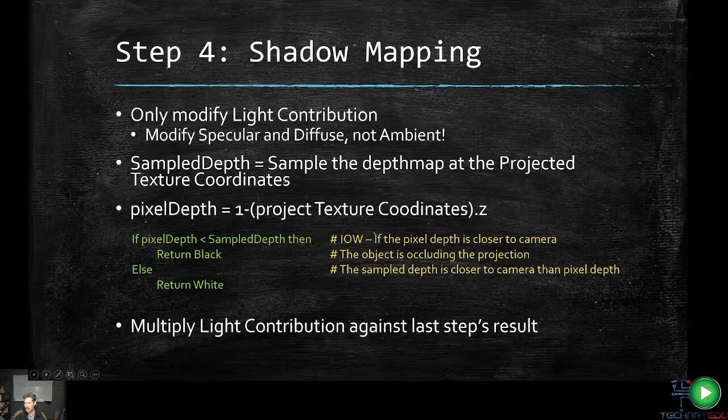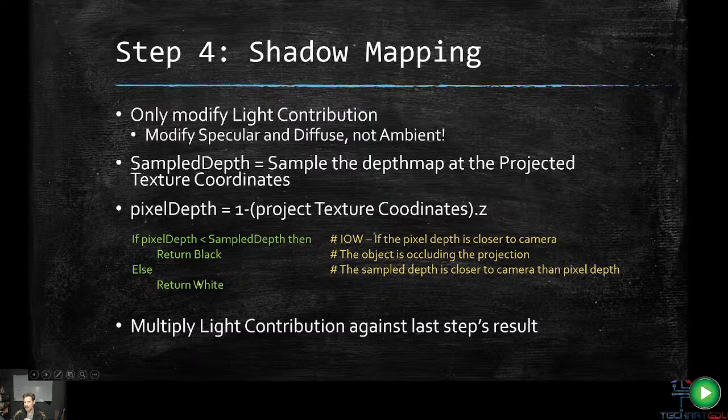Okay, and then we have our sample depth, and that equals the sample of the depth map at the projected texture coordinate. And then we have our pixel depth. So we have the exact same comparison again, gang. It's the exact same result. If our pixel depth is smaller than the sample depth, that means that the pixel depth is closer to the camera, then we're going to return a value of black.